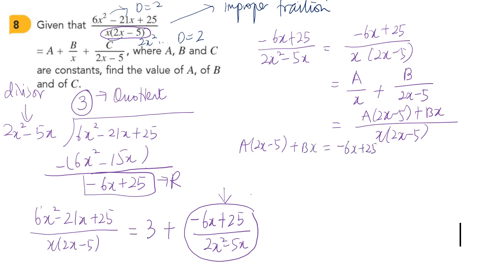All right, so let's use substitution. I'm going to let x equal 0 very easily so that I can eliminate my B. And then I'm going to just let x equal 1.